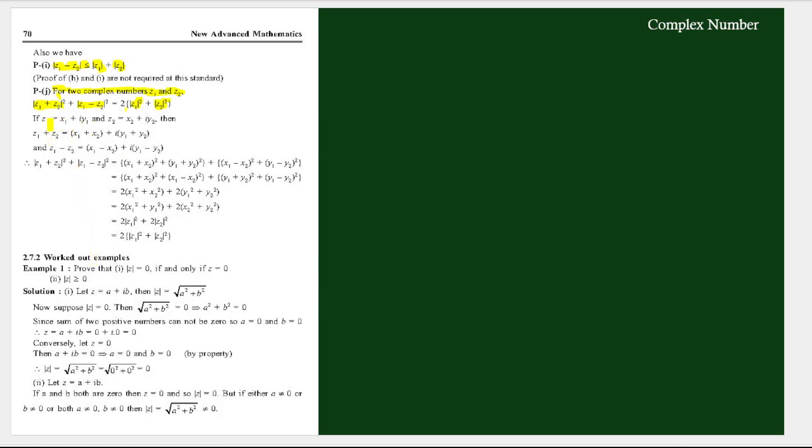Just like a plus b whole square plus a minus b whole square is 2 times a square plus b square. Okay, let's see.